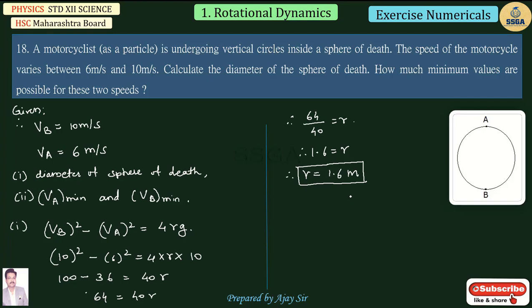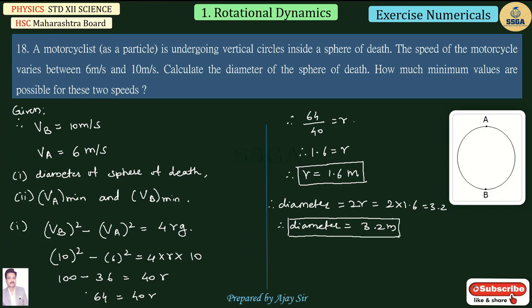From this radius you can easily find the diameter. Diameter is equal to twice the radius, that is 2 into 1.6, which equals 3.2 meters. So this is the diameter, the first part.